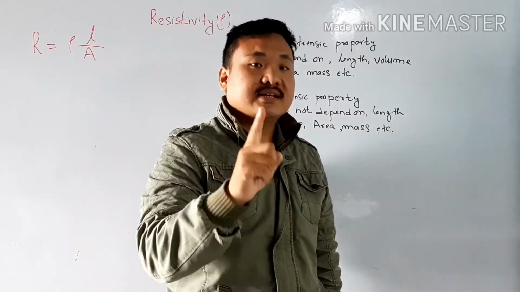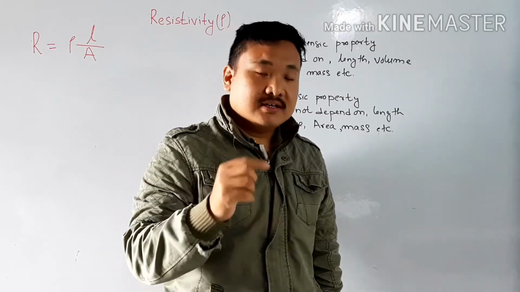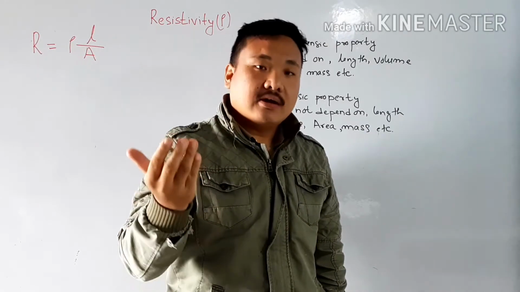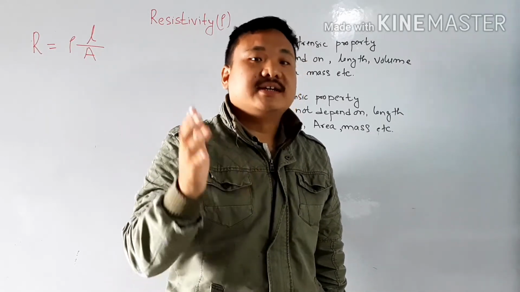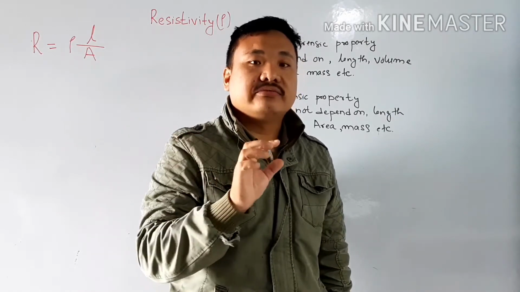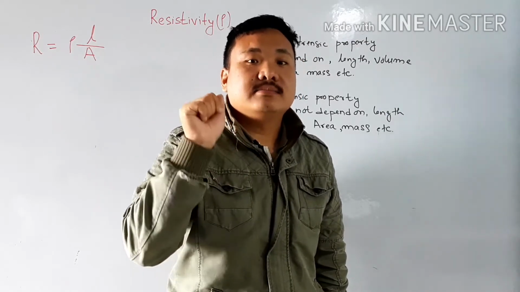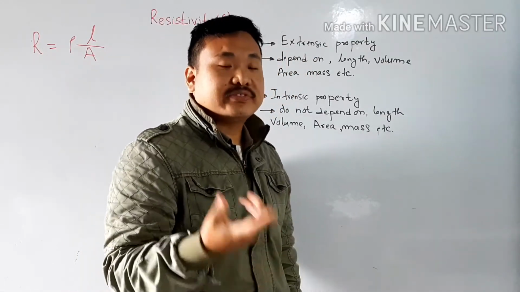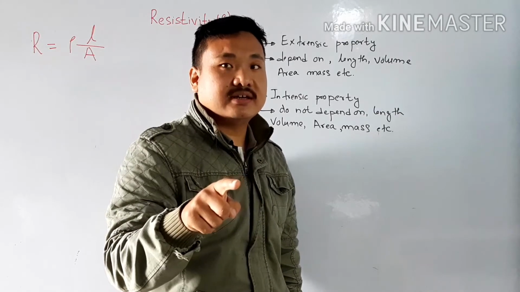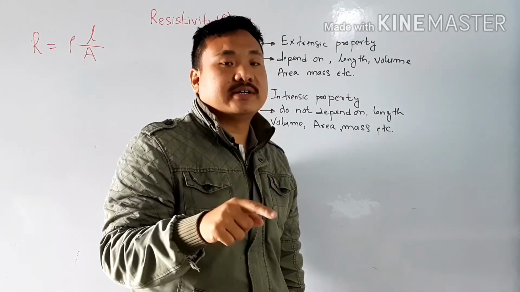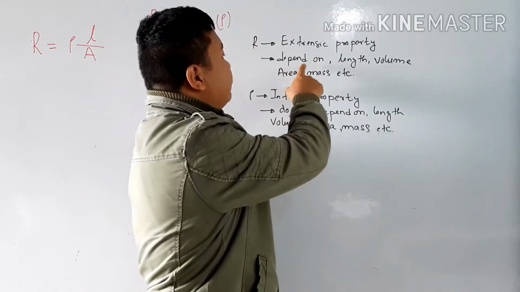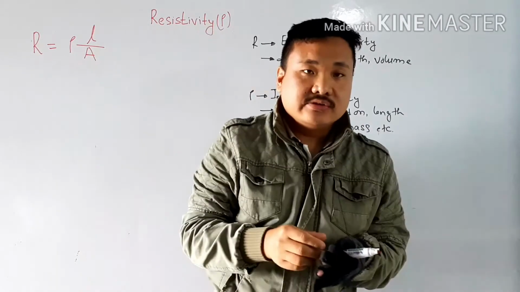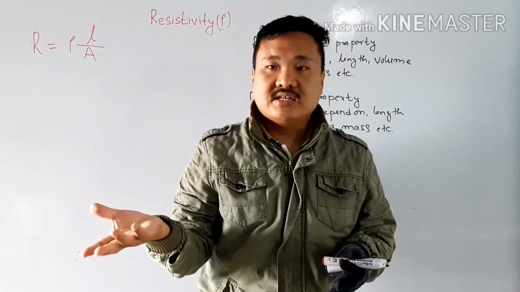Number one is that resistance is an extrinsic property of material, which depends upon length, volume, area, mass, etc. Because of that extrinsic property, the resistance depends upon length, volume, area, mass, etc. It means if you change the length, the resistance will change.